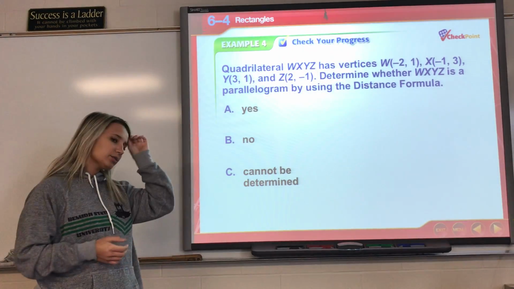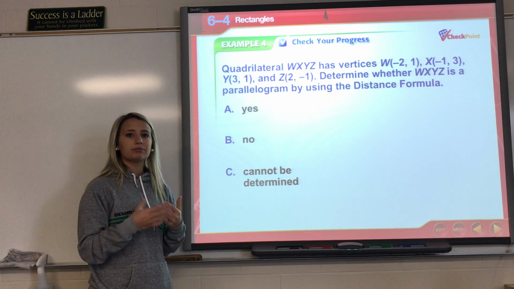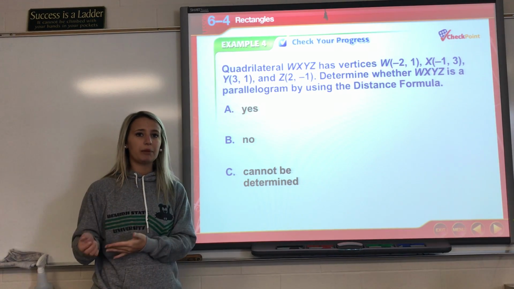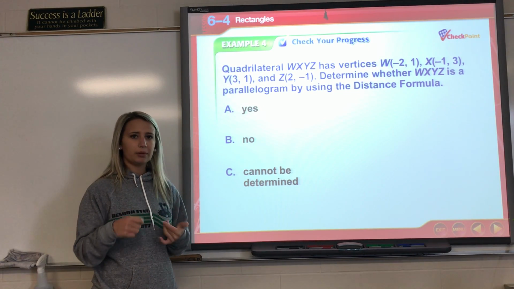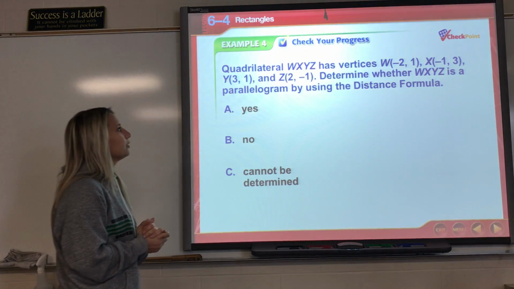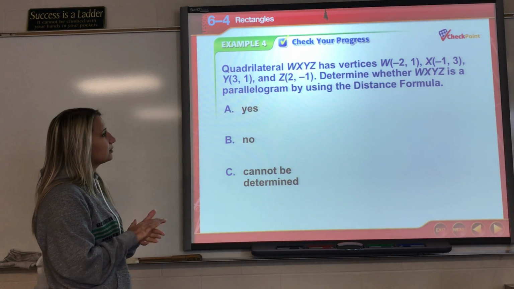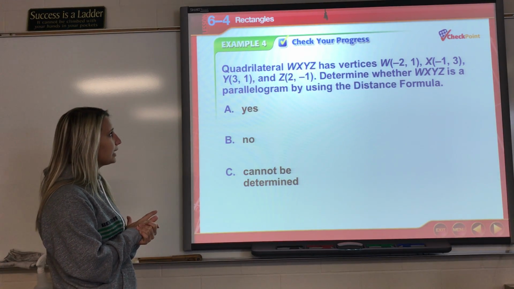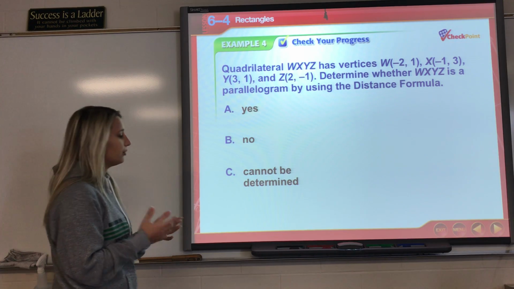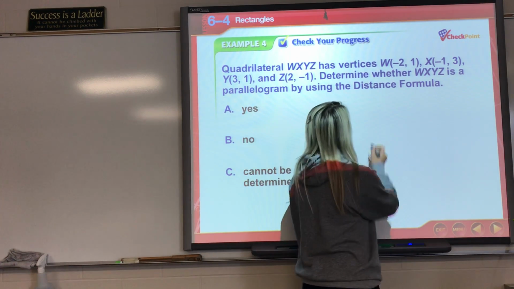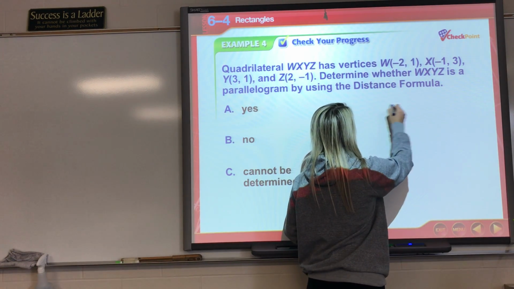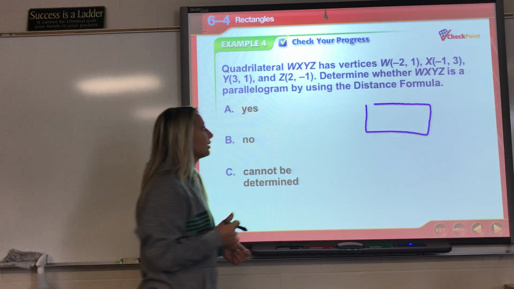Okay, here's one for you guys to try. I encourage you on a side piece of paper, sketch this out, do a little bit of the distance formula. Okay, so we're given vertices for W, X, Y, and Z. Now, if we were just to sketch it out, I'm just going to pretend it's a perfect rectangle, if I could draw a perfect rectangle.